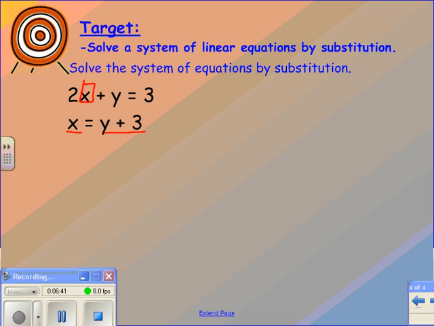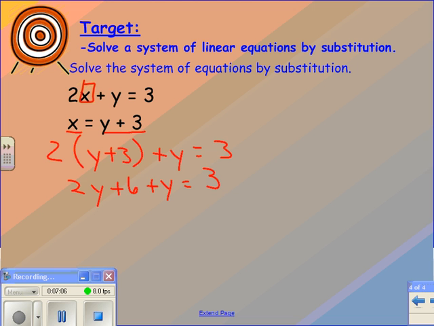So let's do that now. So we have 2, use your parentheses, times (y plus 3), that's really x, same thing, and then bring down that plus y equals 3. Now we have the same variable in this equation, so it's going to be easy to solve for that variable. So let's distribute, and we have 2y plus 6 plus y equals 3.